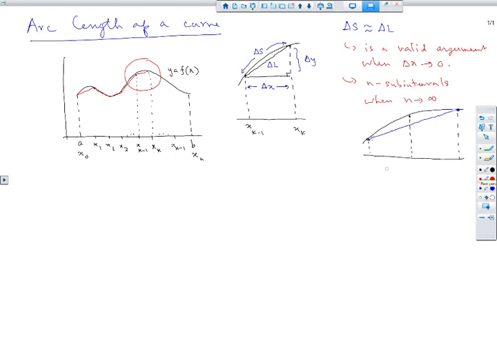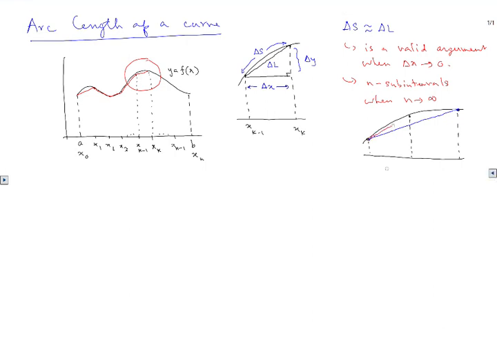So it's going to be hard to draw, but I'm going to try my best to do it. That's one line.